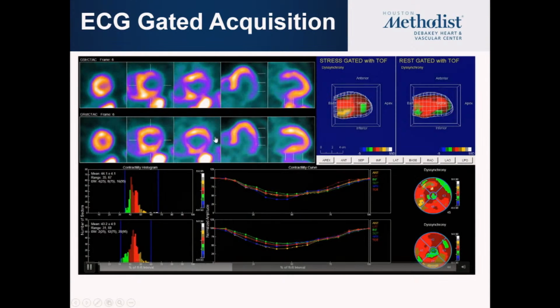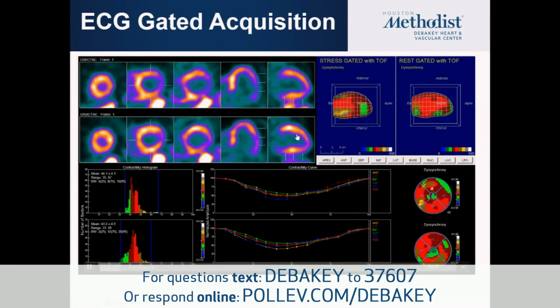This is not like in SPECT, where this one is acquired 45 minutes after the stress test has happened. This is happening at the time that this patient is at stress. That's why the peak ejection fraction has important value compared to what you get with SPECT, where it is like 45 minutes later.